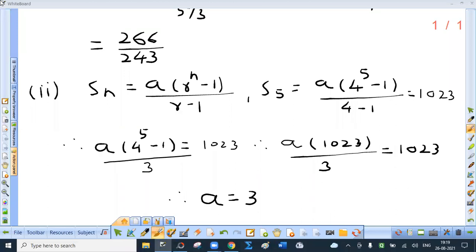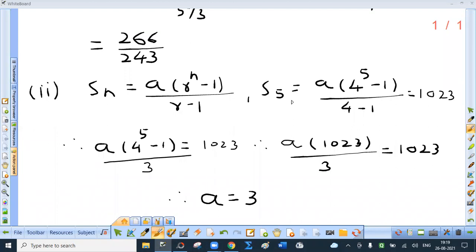Second one, if S5 is 1023, R is 4, find A. Now it is S5, A into R raised to 5 minus 1 upon R minus 1, but R is given to be 4. So we get A into, what is 4 raised to 5? 4 raised to 5 is nothing but 2 raised to 10, which is 1024 less 1, that is 1023. Gets cancelled with this. So what is A?